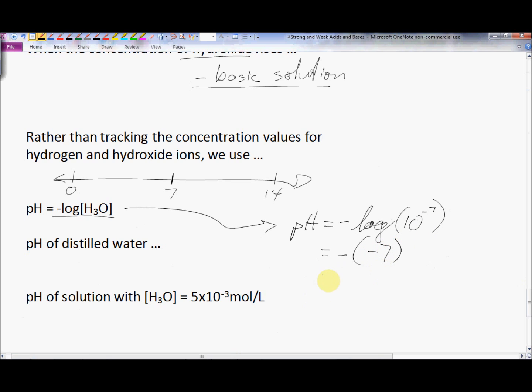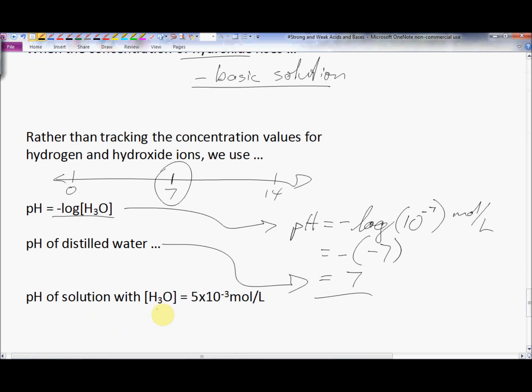Negative 7. So the negative of negative 7 is just 7. It makes sense that 7 would represent neutral water, where the hydronium concentration is exactly 10 to the negative 7 moles per liter. So the pH of distilled water is 7.